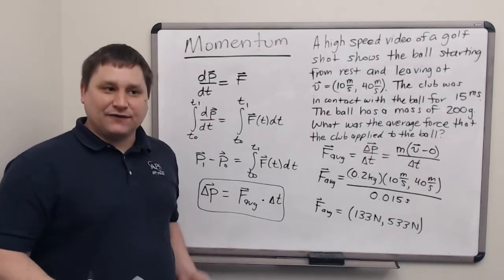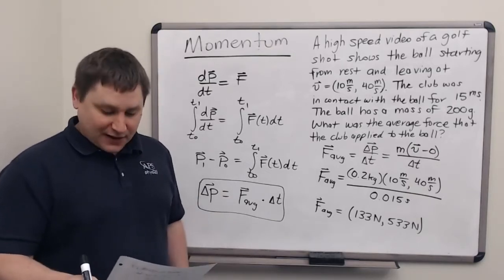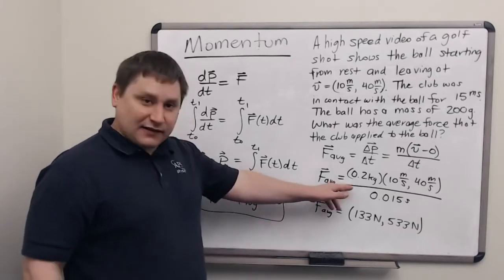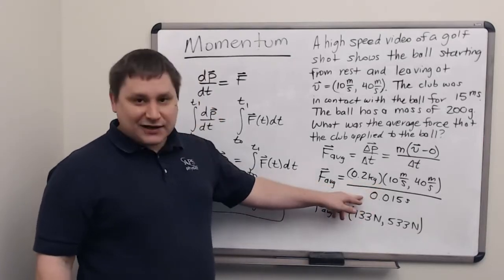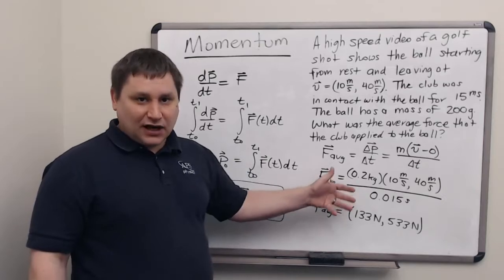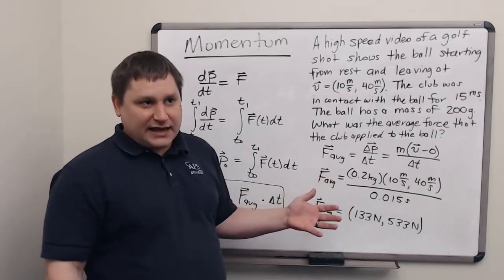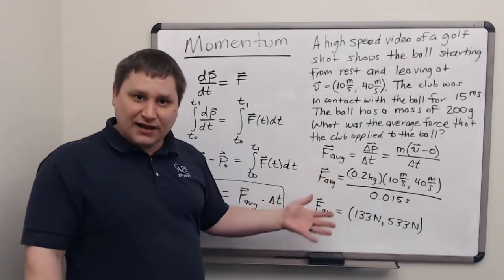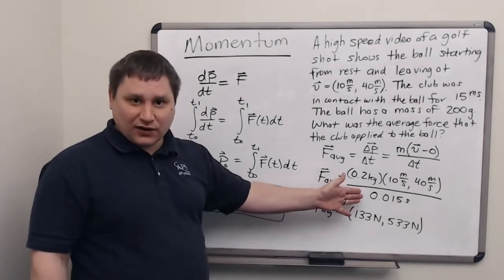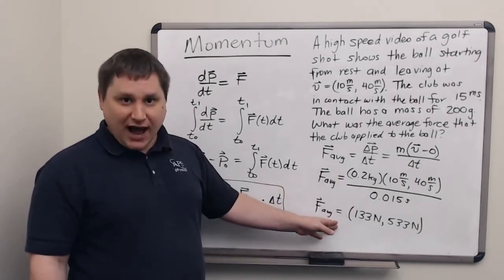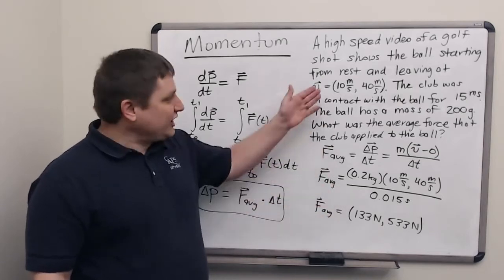It's a way to get an estimate of how hard a hit is. Notice that it depends on the mass of the ball, its change in velocity, and the interval of time. So if somehow the club and the ball were more rigid or more brittle, and the time duration was lower, the force would have to be much higher to generate the same change in momentum.